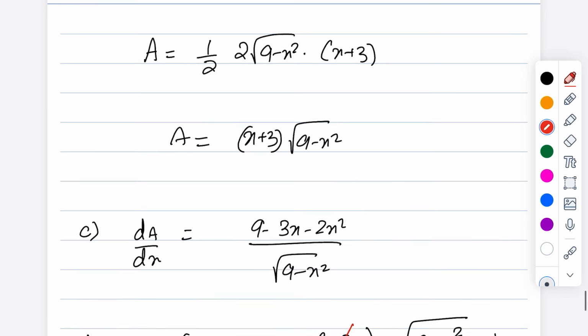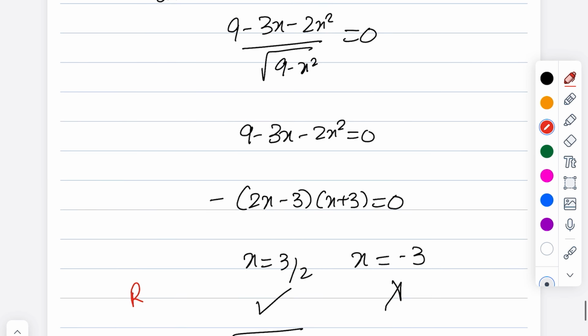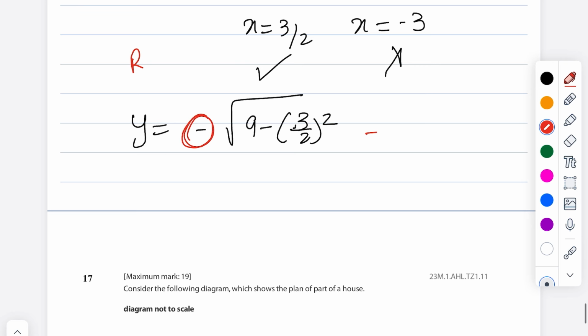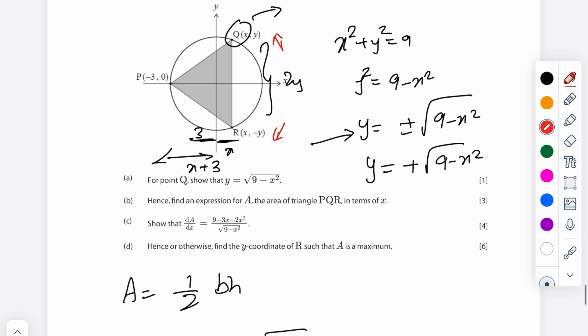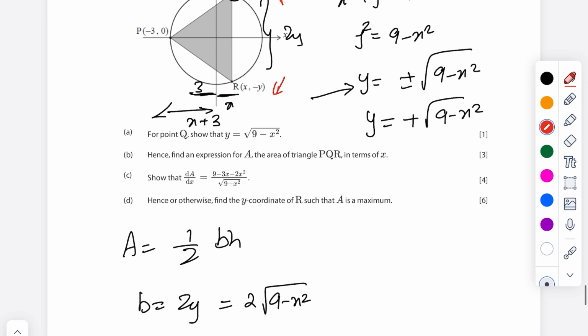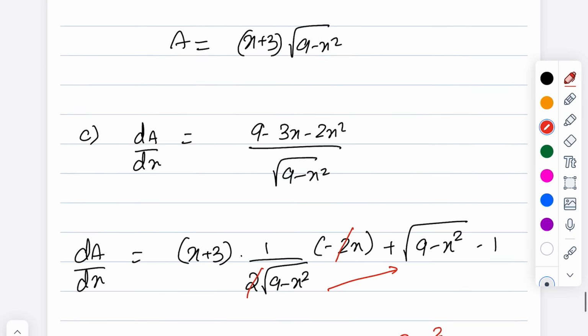So I simplify that. I'm directly writing the answer. It is negative square root 27 upon 2. I think that ends the question. The answer is the y coordinate of R. R is negative, so that's going to be the answer, such that A is maximum.